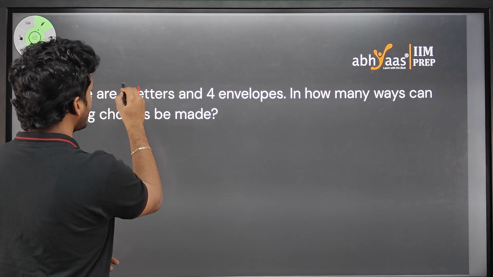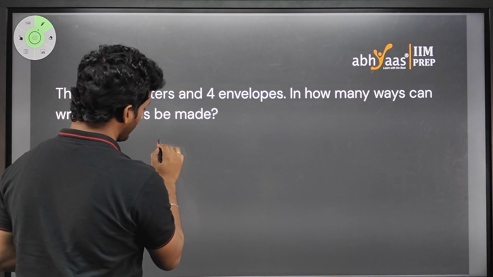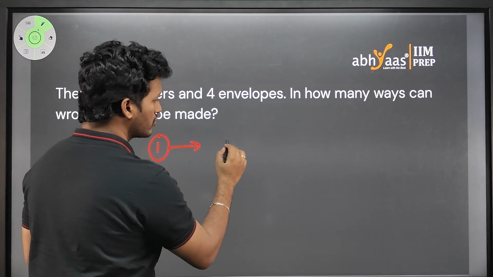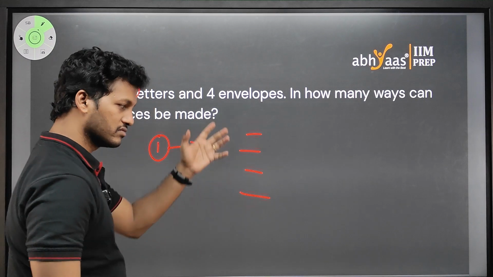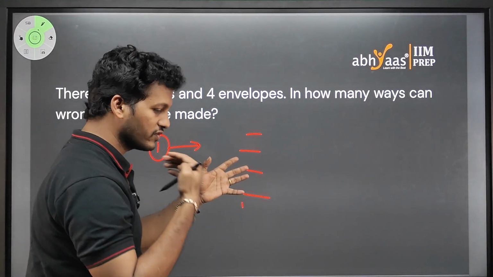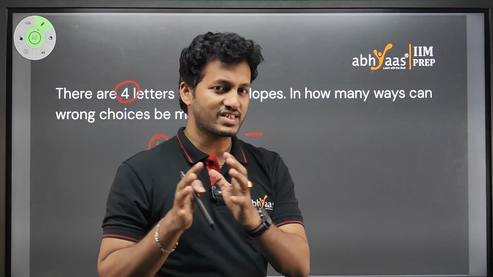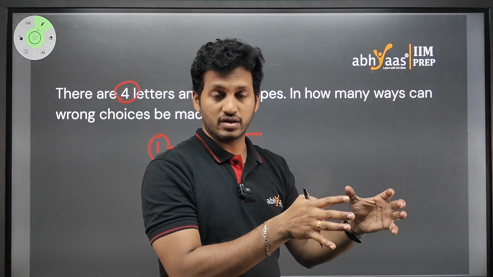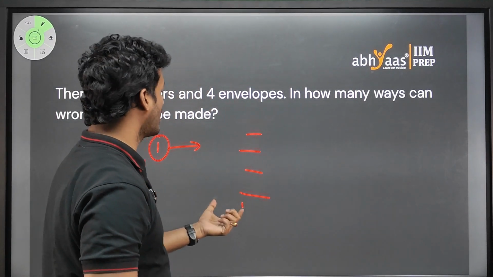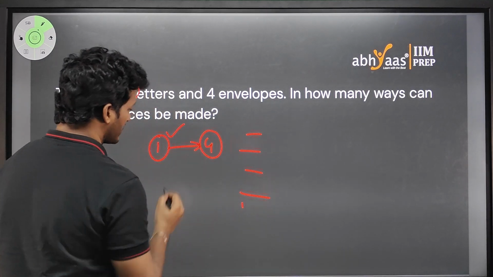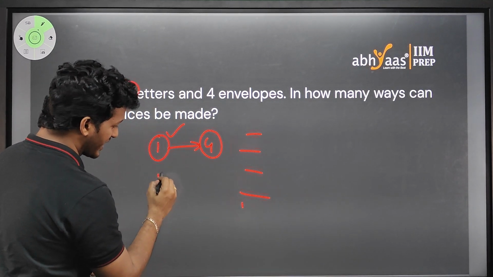So for 4 letters, if you go for one letter, it can go to any different envelope. If you include every option, not just the right option, even the wrong options, how many options does it have? It has 4 options for the first letter. What about the second letter?